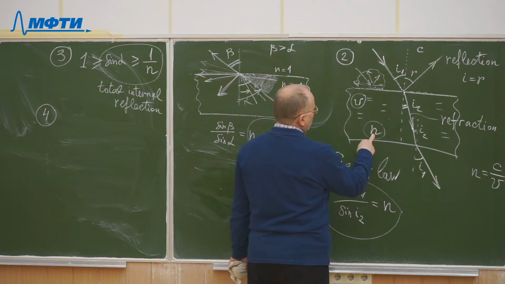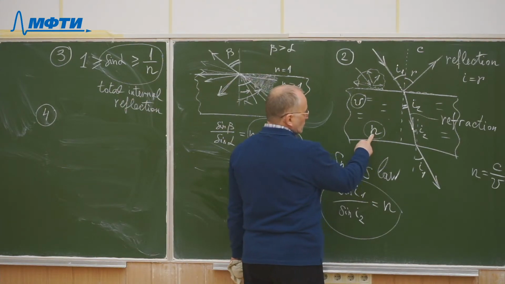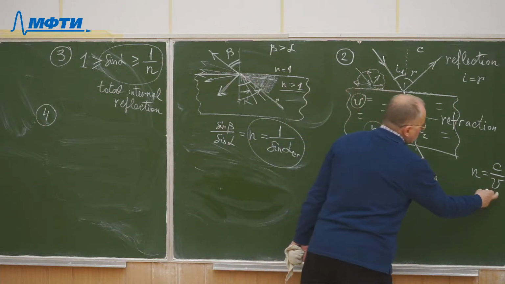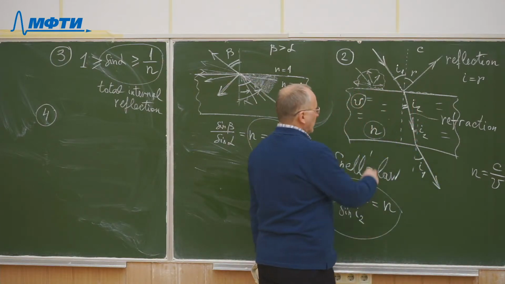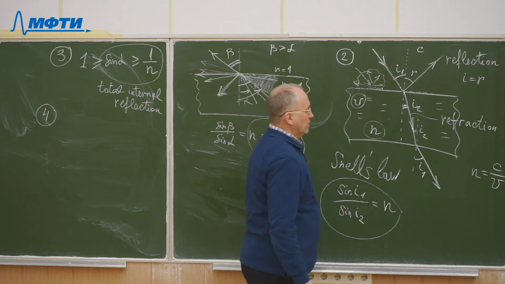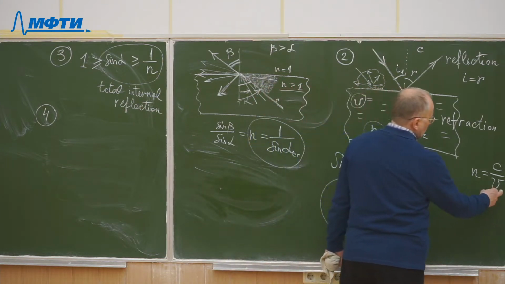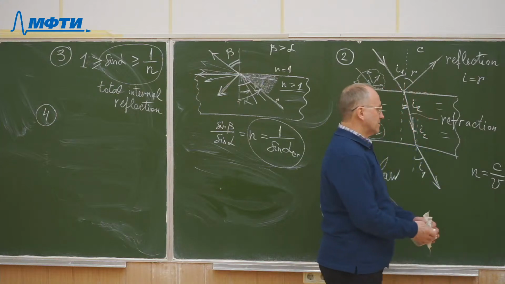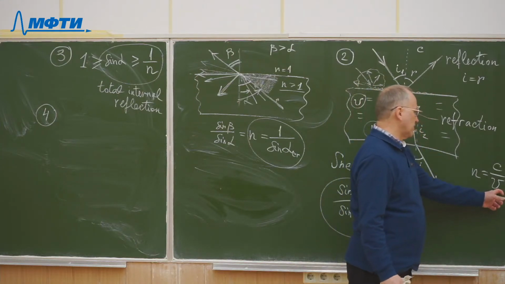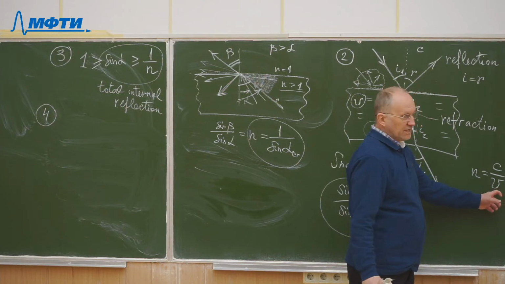The refractive index n, which actually depends on the velocity of propagation of light, actually depends on the frequency or the wavelength of light, because the light of different frequencies has different velocity of propagation in any medium but vacuum.